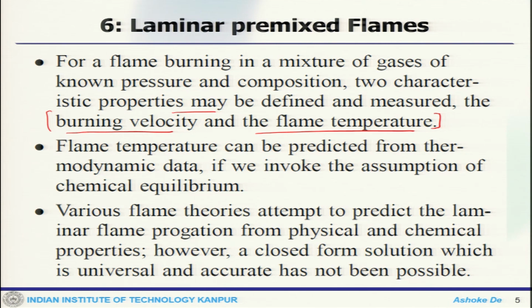When there is a reaction going on, obviously we will have a temperature, because these are mostly exothermic reactions, and in any exothermic reaction there will be heat release. So, when there is a heat release, we would be able to get some temperature. One may think there is something very fancy about it. We will see that when you talk about the premix mixture, it is slightly different, and that is why flame temperature is always obvious, but the important thing is the burning velocity and also flame thickness, which we will come to.